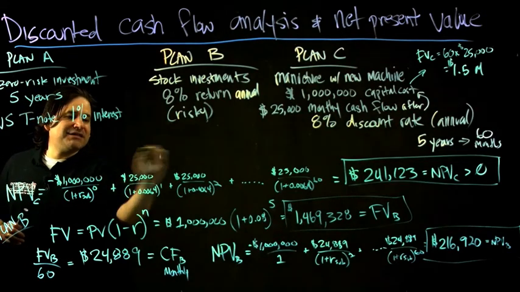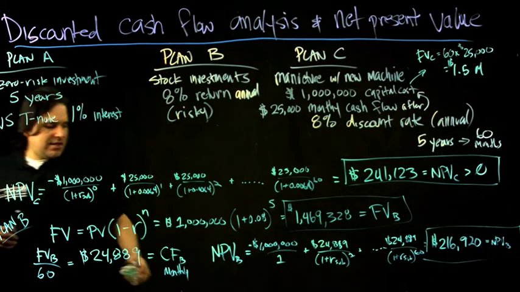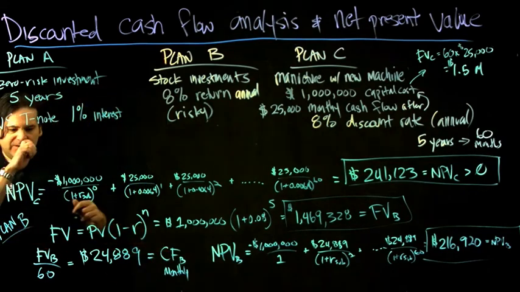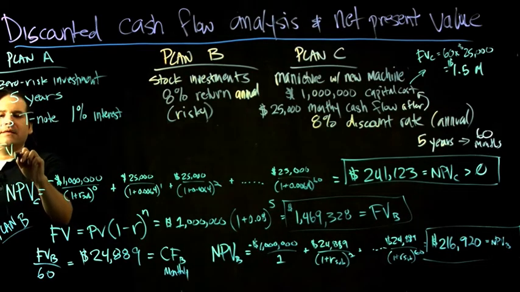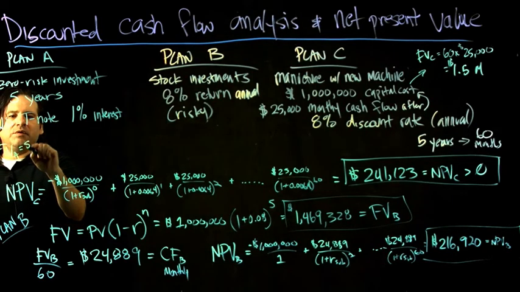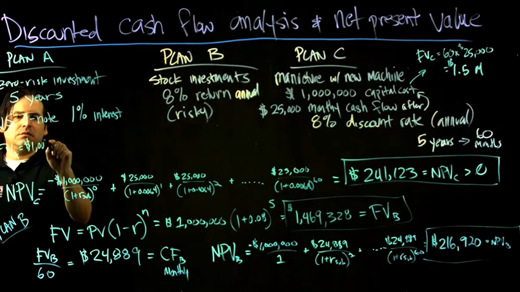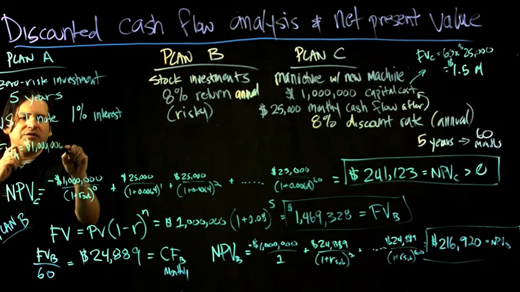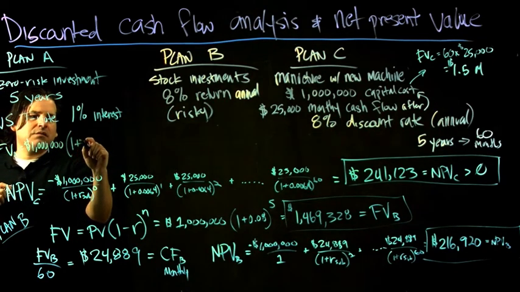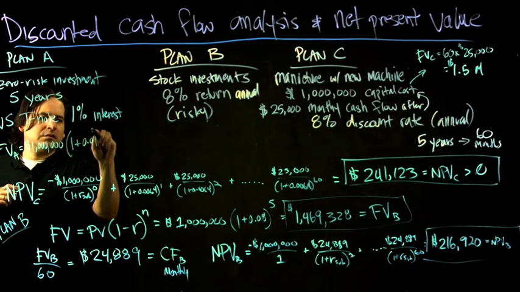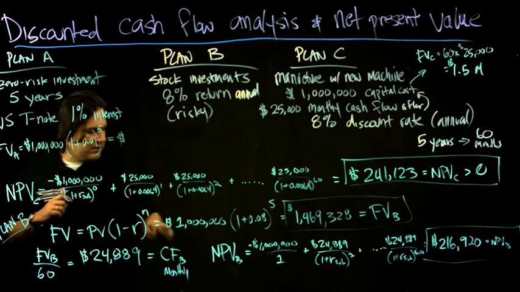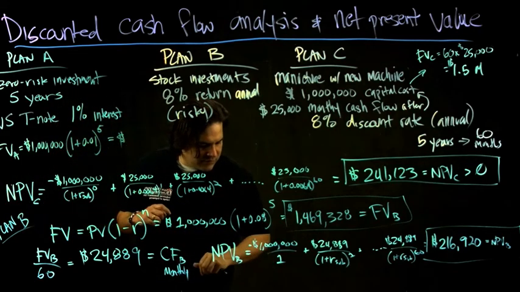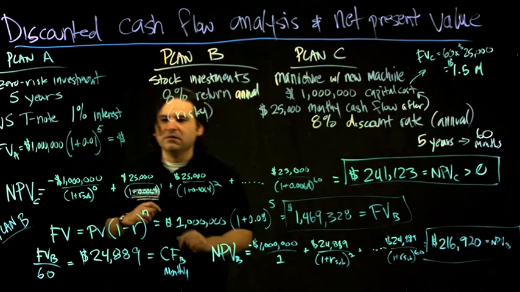Plan A is 0 risk, and you can find the future value of Plan A, which would be $1 million times a compounded interest over 5 years. And what you would get is, you'll make $50,000 at the end.